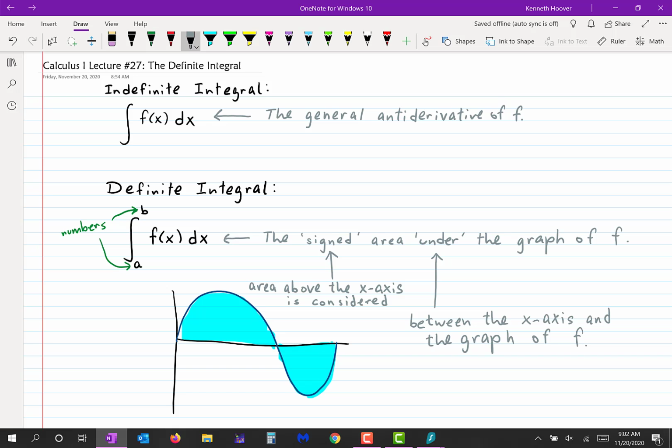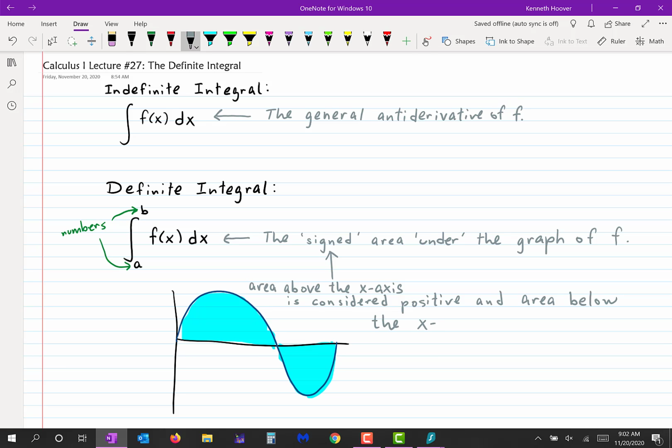positive. I'm going to erase this other sentence so that we can use this room. Okay, area above the x-axis is considered positive, and area below the x-axis is considered negative.